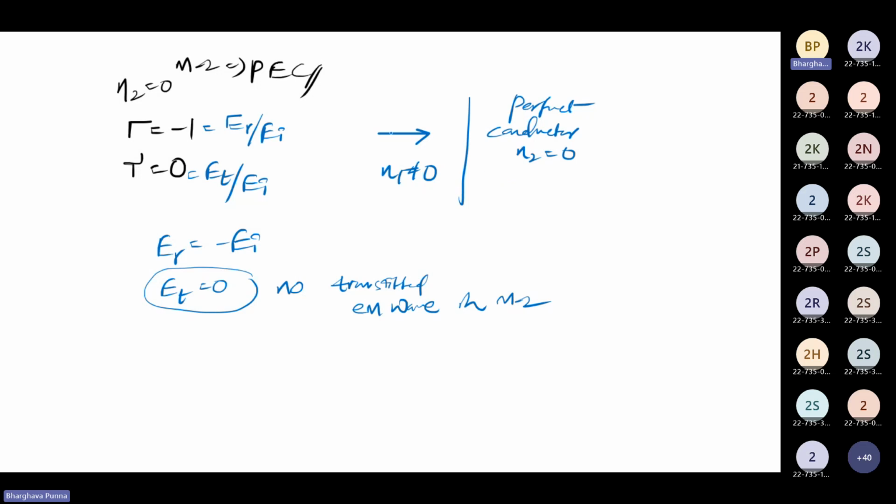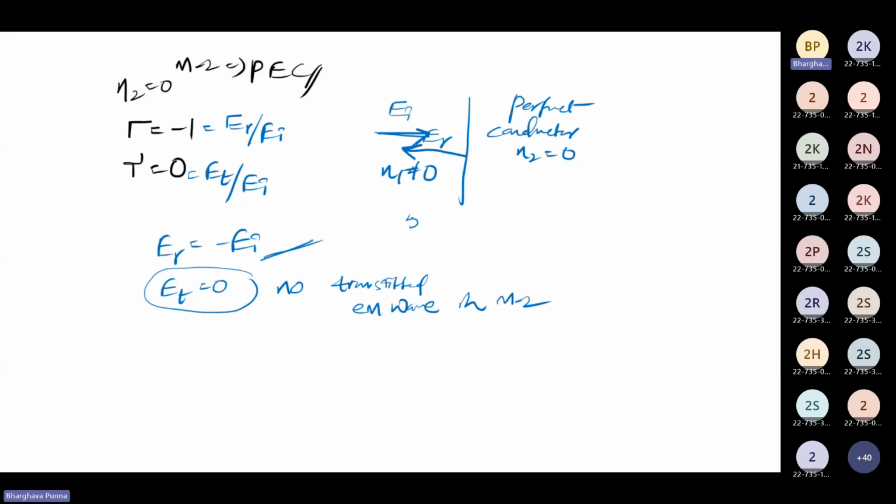So if you take medium 2 as a perfect conductor, this electromagnetic wave cannot penetrate into this particular perfect conductor. So everything will be reflected back only. That means in magnitude, EI is equal to ER, but in opposite direction, that is what we got here.